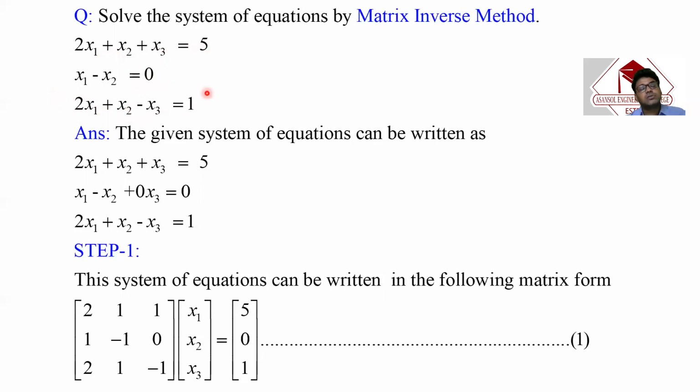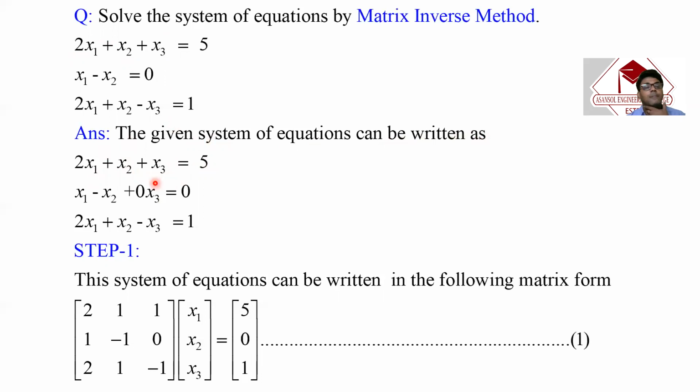I'm considering this question for one important point of view. Just check the second equation: how many variables do you have? 3 variables, but here you have only x1, x2. What about x3? There is no x3. So first you have to rewrite this. The given system of equations can be written as 2x1 plus x2 plus x3 equals 5, as it is the first equation.